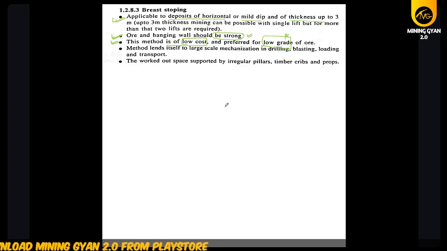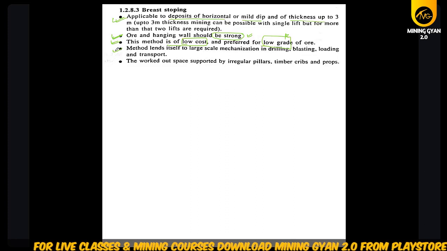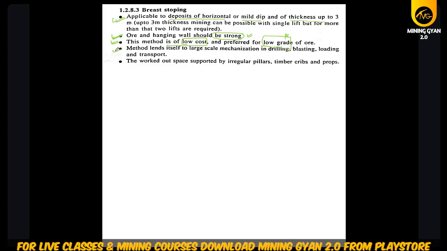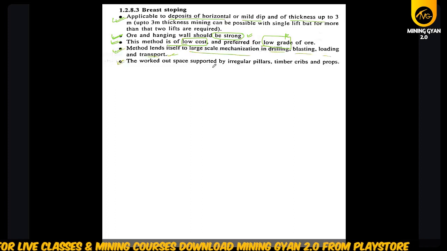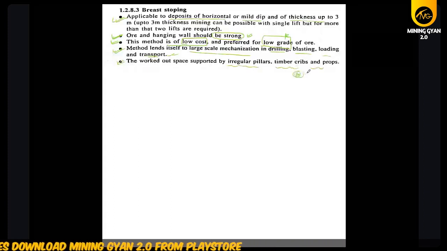They can provide that the material we want to extract with low cost and the grade is very low, and the hanging wall, footwall and ore are strong, and mechanization is large scale. So which type of method are we talking about? So this is the breast stoping method. In the breast stoping method, large scale mechanization, drilling, blasting, loading and transportation, irregular pillars, timber cribs and props we can use for the support system.